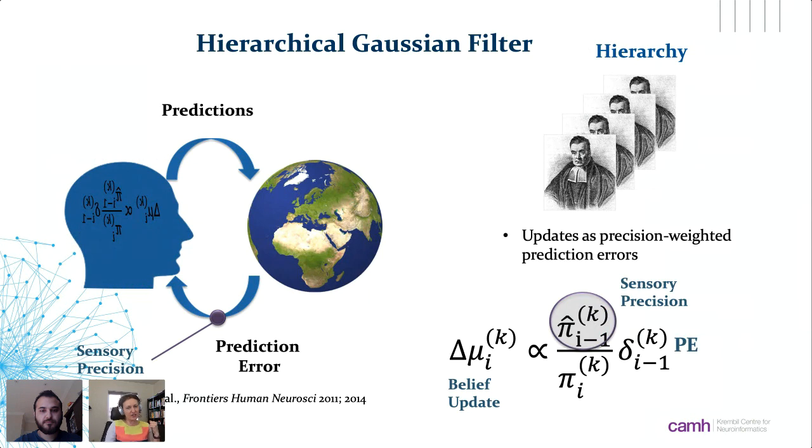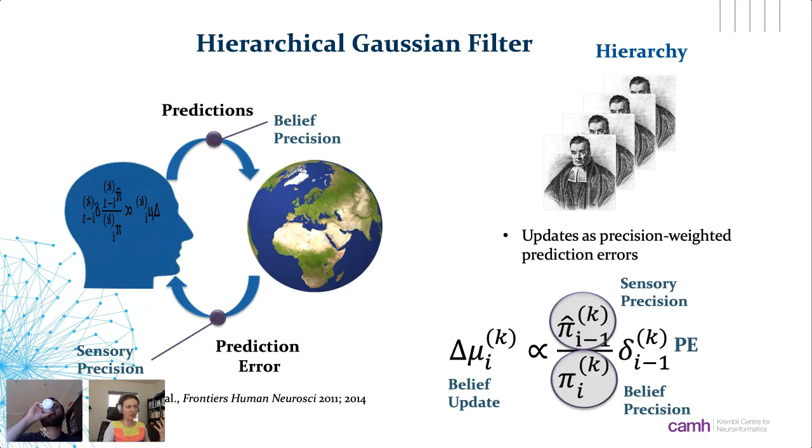In the numerator, we have the sensory precision, which amplifies the impact that prediction errors have on the belief updating process. On the denominator, we have the belief precision that reflects our top-down confidence in our model of the world, and that dampens the impact that the prediction errors have on our beliefs.